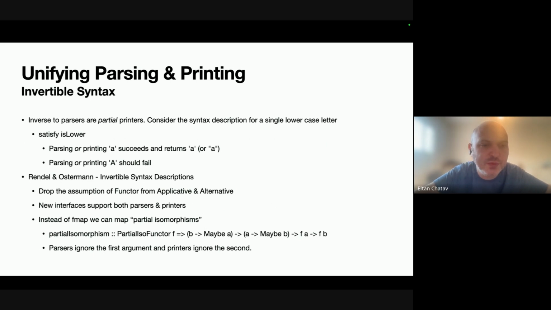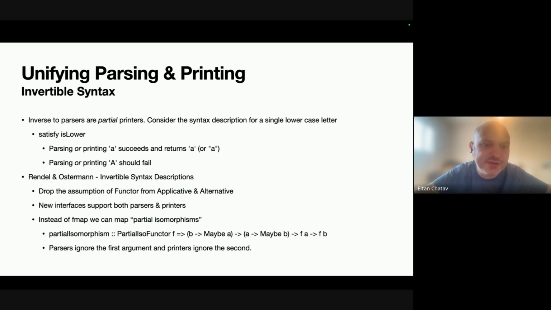So what Rendel and Ostermann did in their paper Invertible Syntax Descriptions is they simply drop the assumption of functor from applicative and alternative. And now these interfaces will support both parsers and printers.